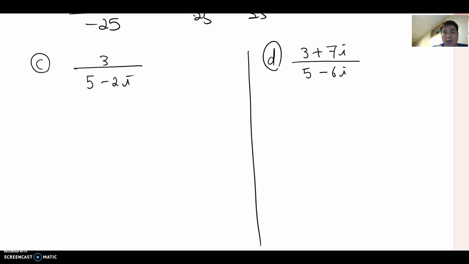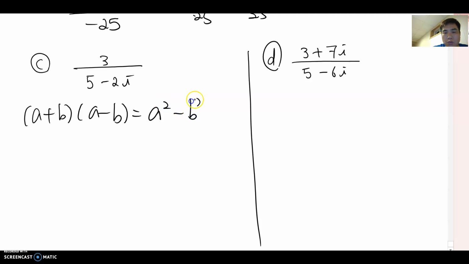You multiply by the conjugate, then we know the property a plus b times a minus b equals a squared minus b squared, and then the middle terms will be eliminated. We checked it in the previous example, right?